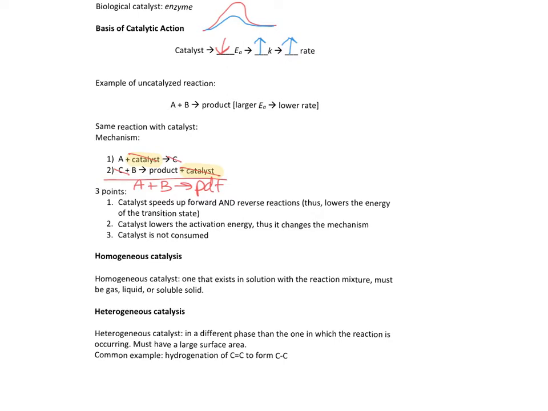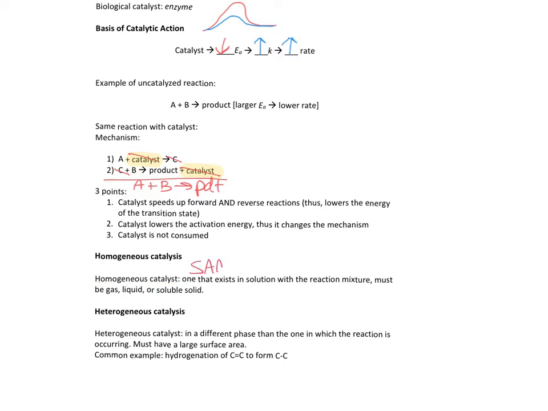Now, in terms of its physical interaction, what types of catalysts are employed in reactions? There are homogeneous catalysts and heterogeneous catalysts. A homogeneous catalyst is one that's in the same phase.